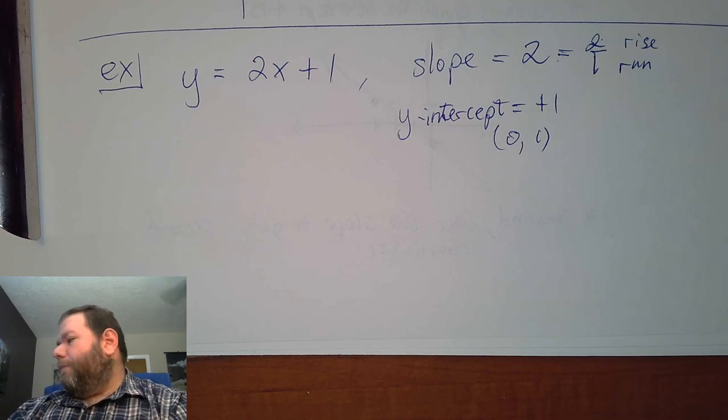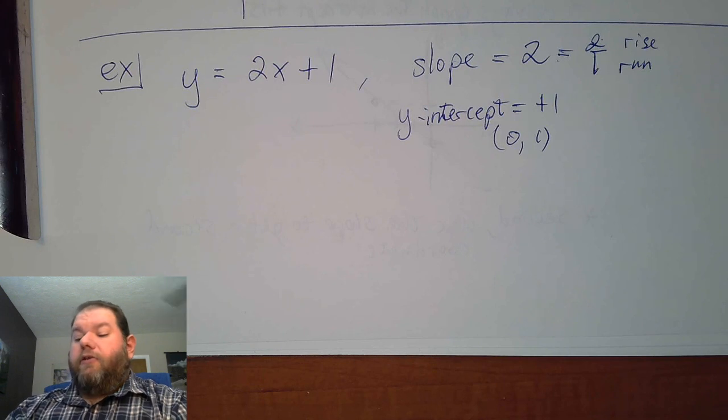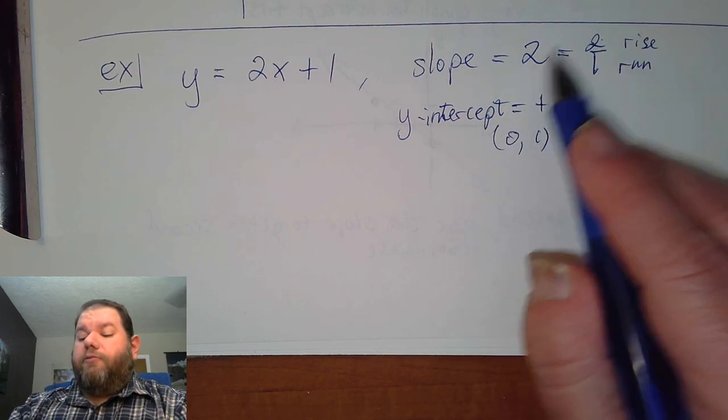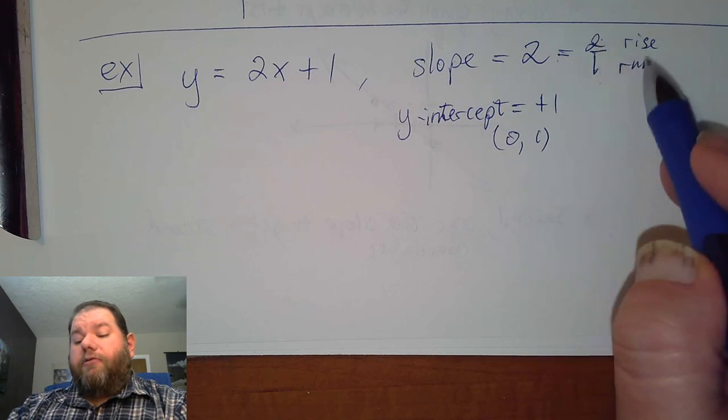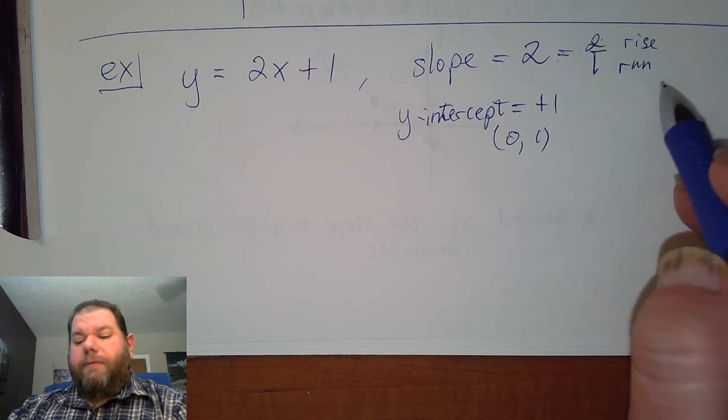Okay? So that means if our slope is 2, we think of that as 2 over 1, because then we need to rise by 2 and then go 1 to the right.